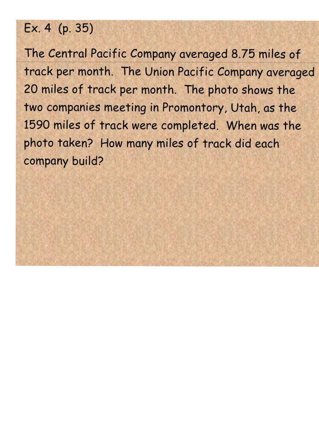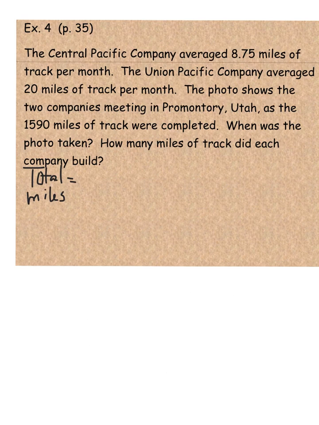So you're probably going to want to refer to your textbook so you can look at the detailed information provided in the photo. We're going to come up with our equation, which is going to be the total miles of track, which is going to be equal to what each company was able to do, right?